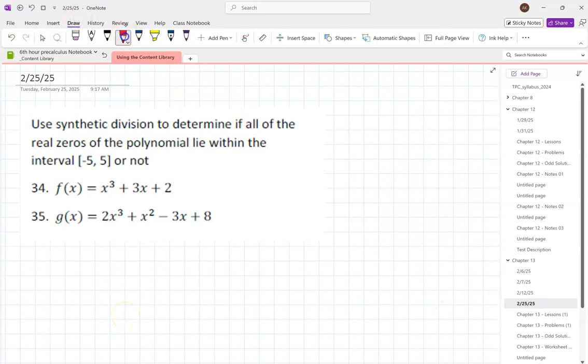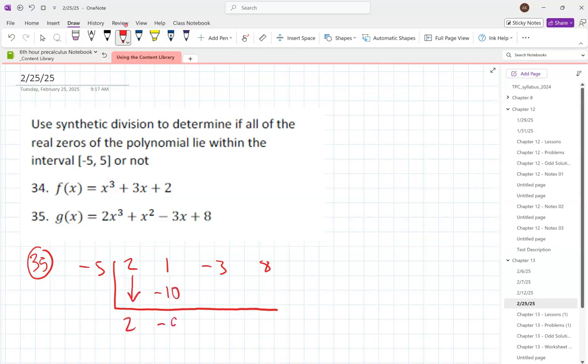So I'm going to check with the -5 first. I'll set up my synthetic division. As I do that, I check that I have all the terms I'm supposed to. So I have degree 3, degree 2, degree 1, degree 0. So we're good there.